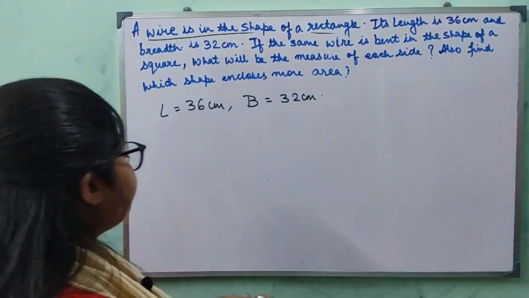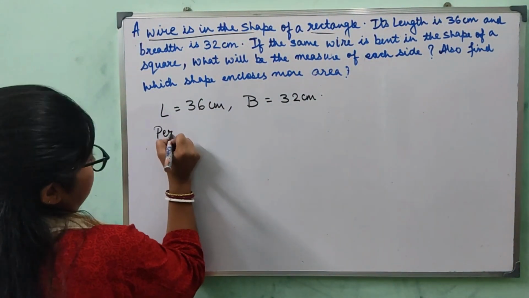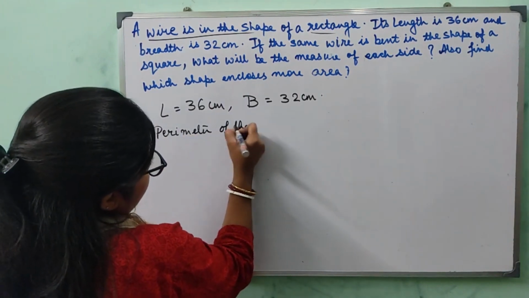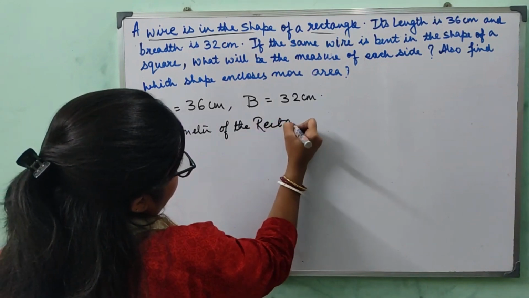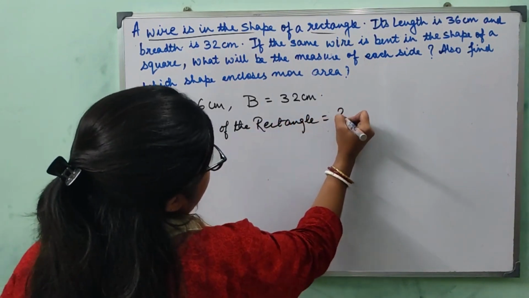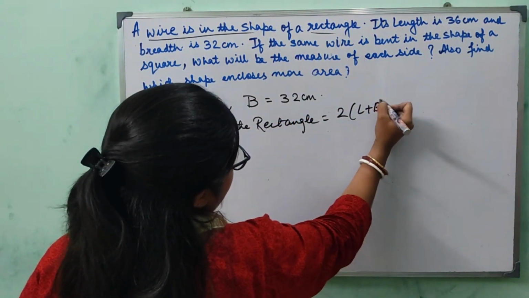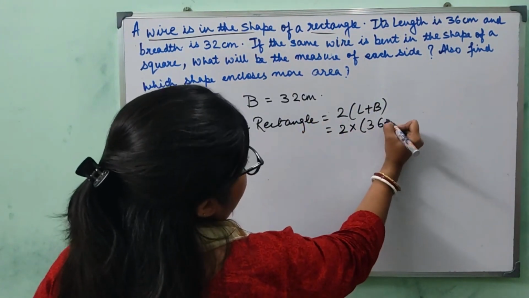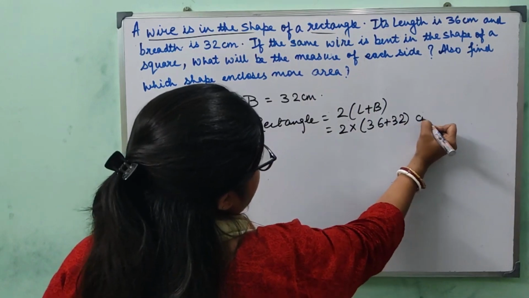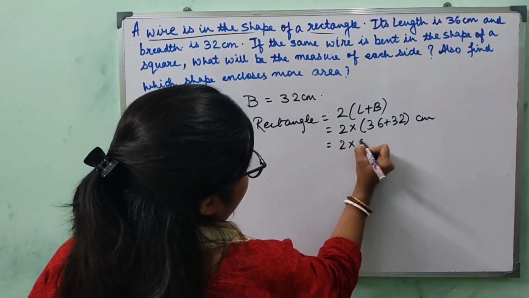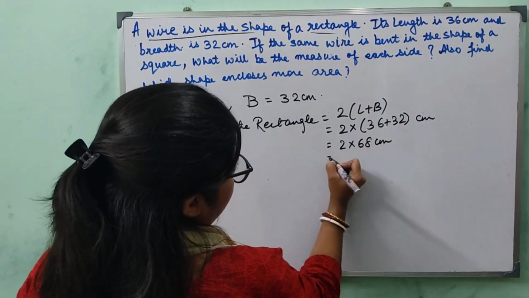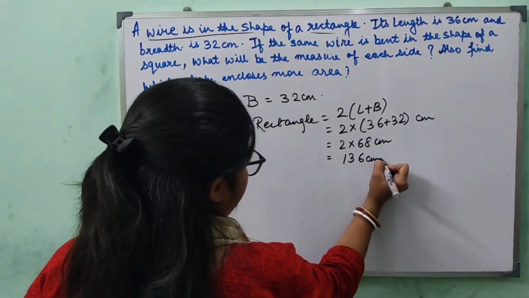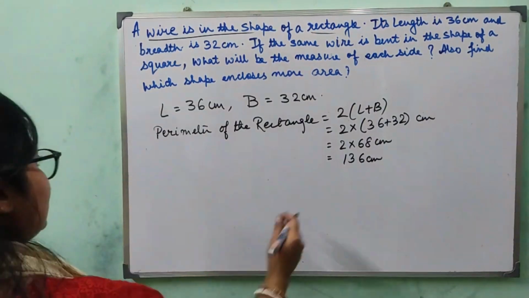Okay. So the perimeter of the rectangle is 2 into L plus B, that is 2 into 36 plus 32 centimeter, that is 136 centimeter.